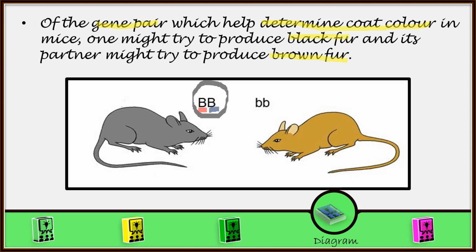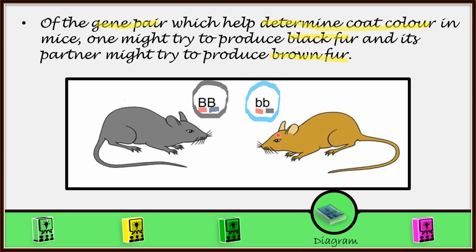Then again, we have another gene pair here. This gene, small b, is on one chromosome, and this other small b is also on one chromosome. And all of them are on different chromosomes.